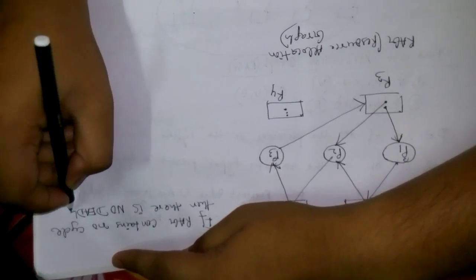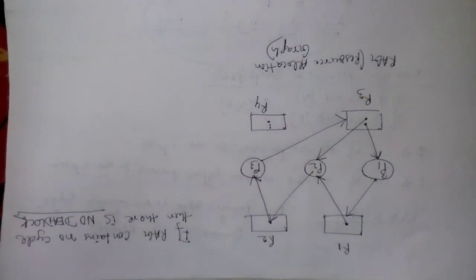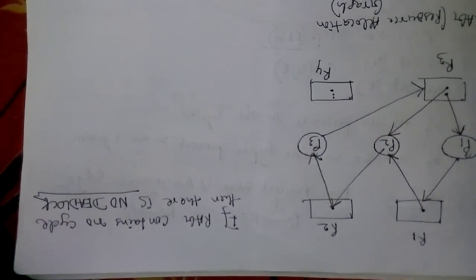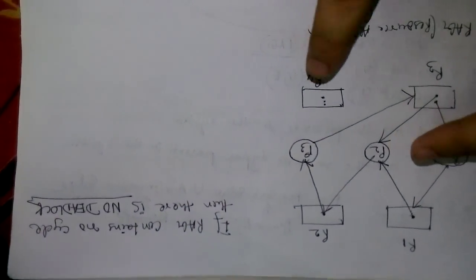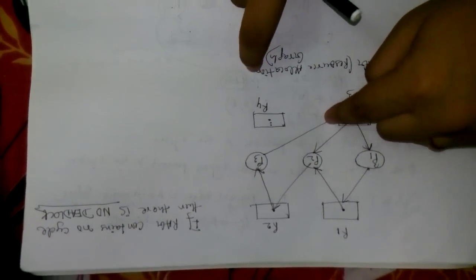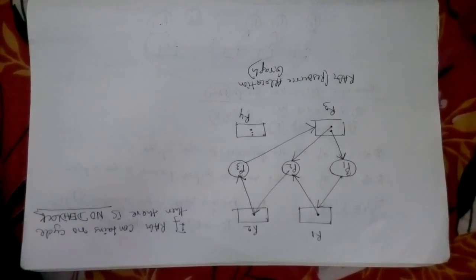This is a very important concept that if by constructing the resource allocation graph, you are having no sort of cycles in this particular resource allocation graph, then we are not going to have any sort of deadlock.